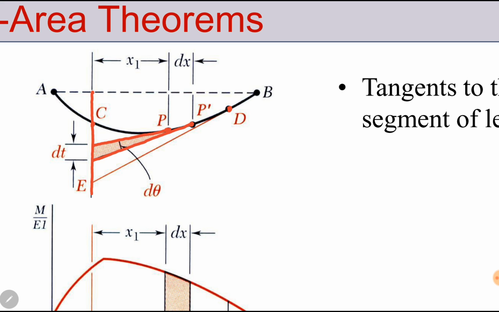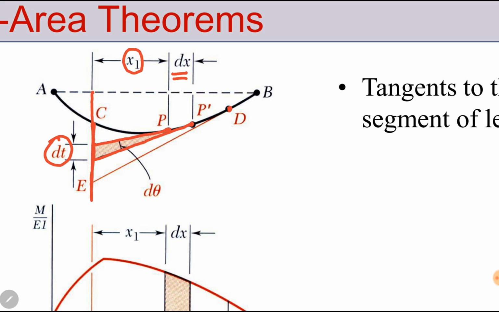We consider P is at a distance of x1 from point C, and there is a negligibly small distance dx between P and P dash. These 2 tangents intersect the vertical line at C, and the points of intersection are at a distance of dt.